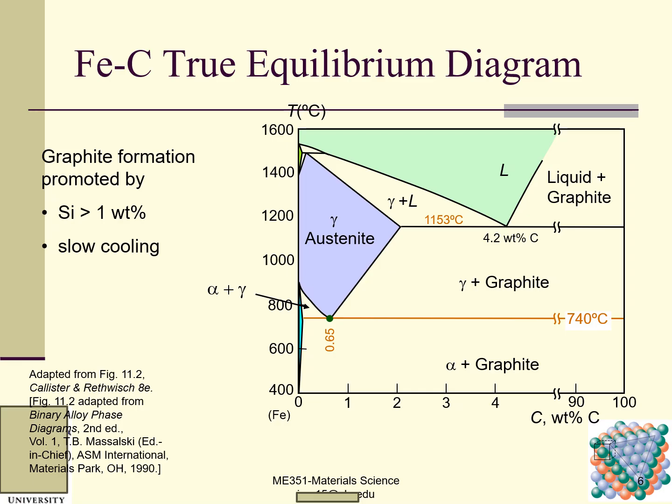We call this graphite. Graphite formation is promoted by silicon. If we have 1 weight percent of silicon, we can promote graphite formation. Also slow cooling can promote graphite formation.